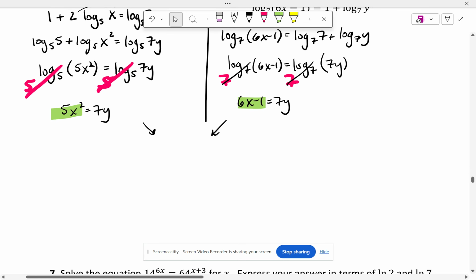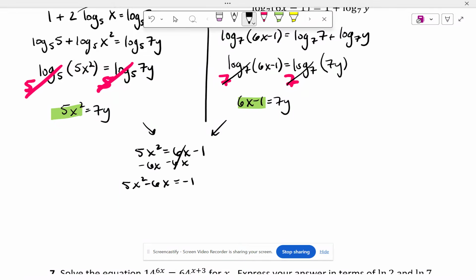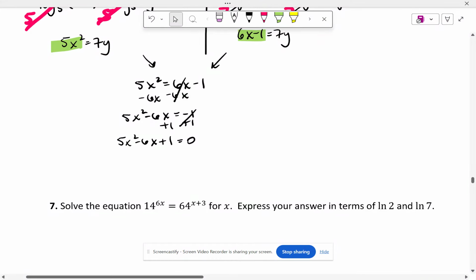So hold on. I now have 5x squared equals 6x minus 1, minus 6x, minus 6x. 5x squared minus 6x equals negative 1, plus 1, plus 1. 5x squared minus 6x plus 1 equals 0. I'm now looking for the factors of a times c, or 5 times 1, that add up to negative 6. That's, of course, going to be negative 5 and negative 1.